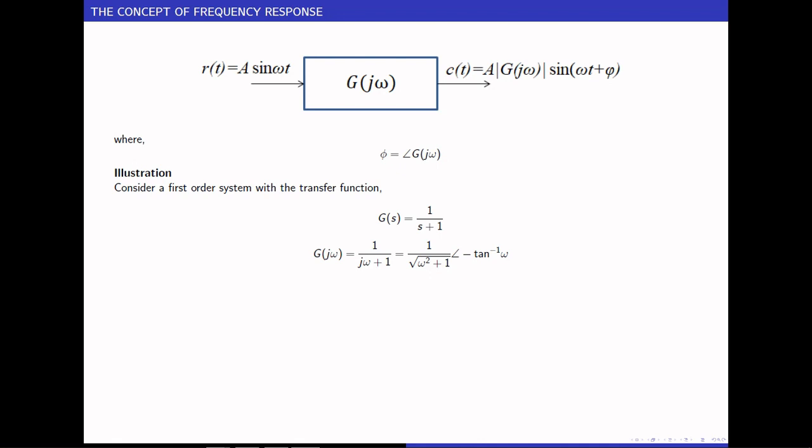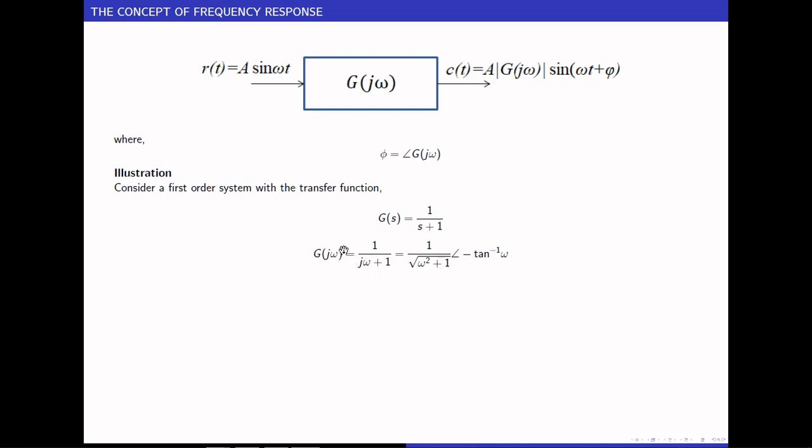So the angle contribution from the numerator is 0, whereas the angle contribution from the denominator is tan inverse of omega by 1, b by a, where the imaginary part b is omega. So that is tan inverse of omega. Since this is a division of two complex numbers, the net angle will be 0 minus tan inverse of omega, that is nothing but minus tan inverse of omega. That is how we get this polar form, the magnitude and angle.